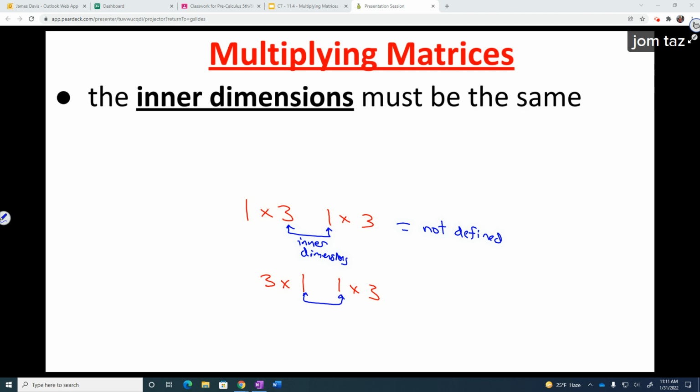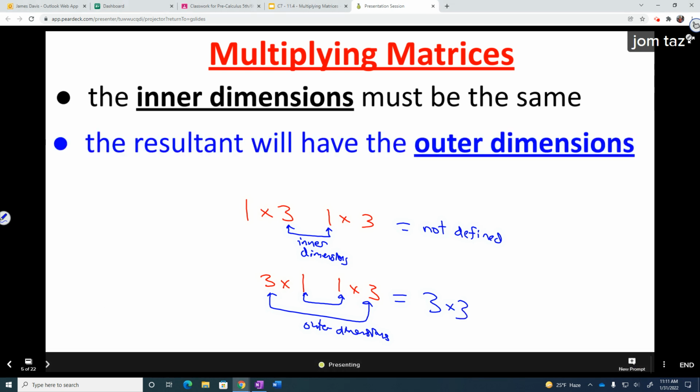This will work. Now, our answer, anybody have a guess what the dimensions would be? The answer is actually going to be the outer dimensions. Our answer is going to be a 3x3 matrix.